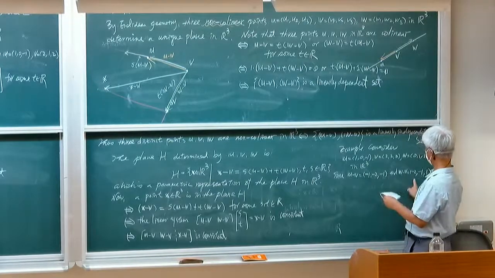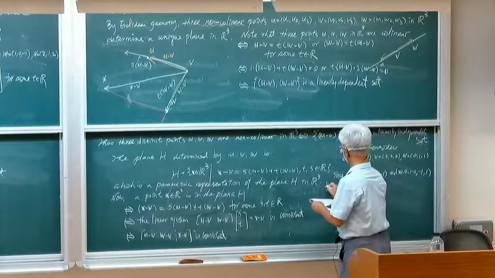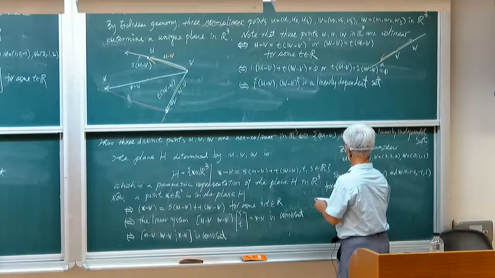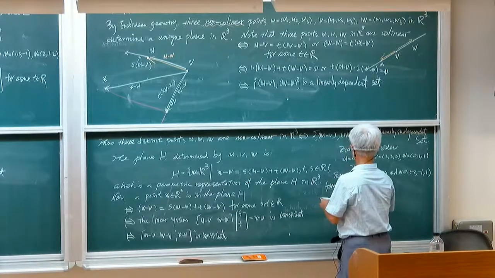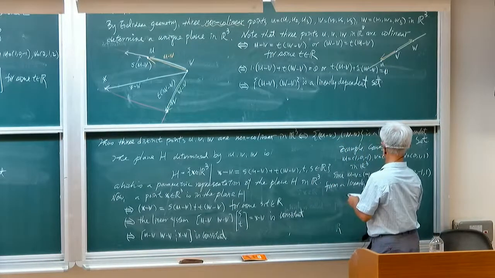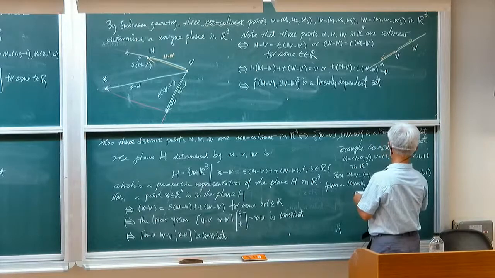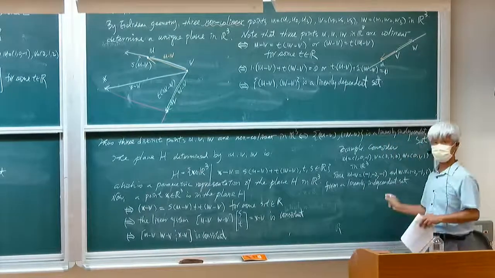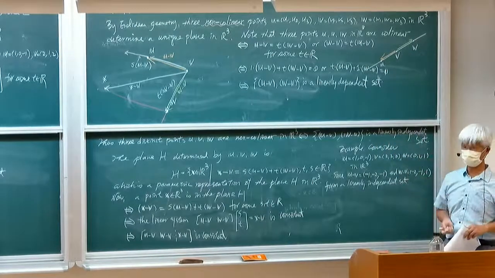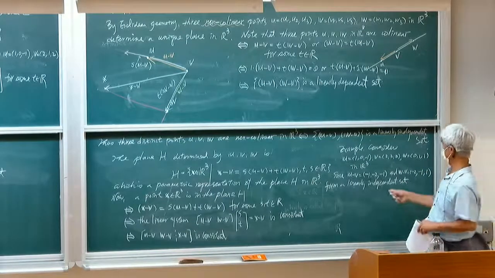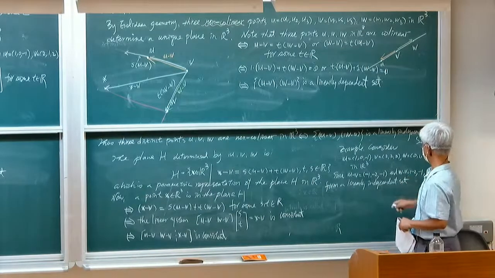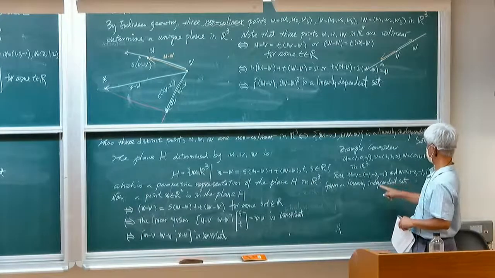These two vectors, you can see, form a linearly independent set. It's easy to check, right? We already have the tool to check them.